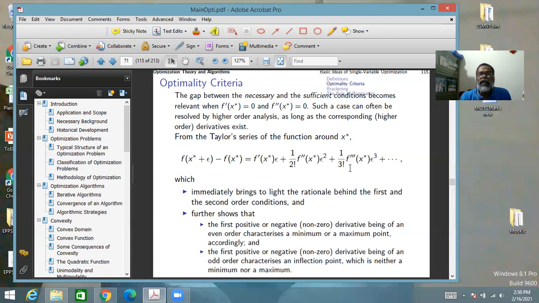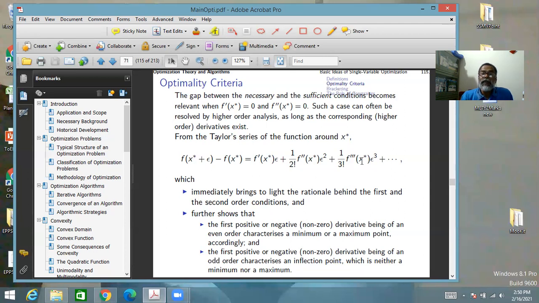That is why you see that the first non-zero derivative that you get, if that is of odd order, then it is neither a minimum point nor a maximum point. From one side it comes down and on the other side it also continues to go down. So the current point is not a minimum or maximum.